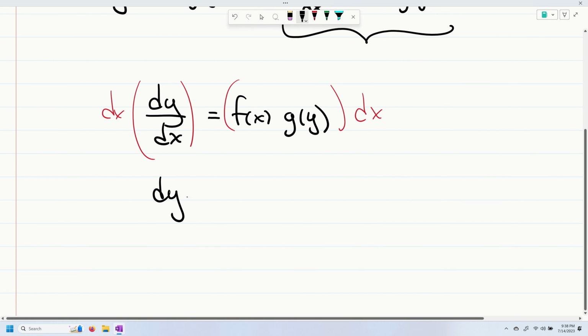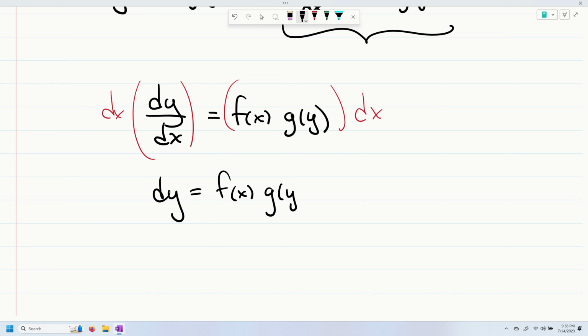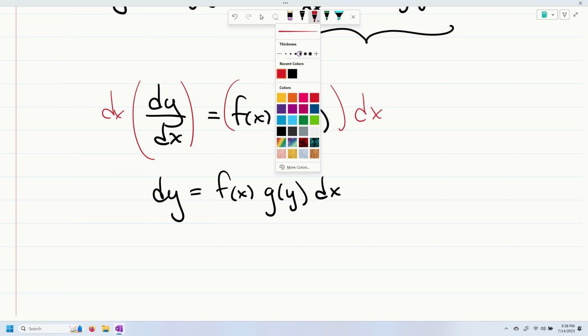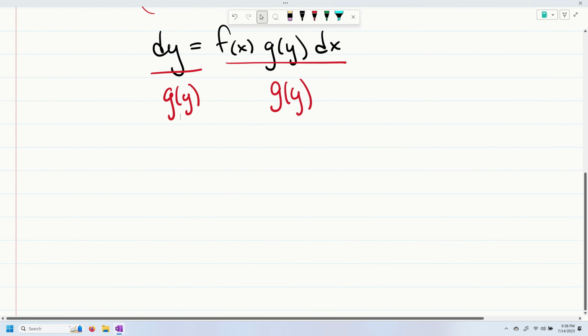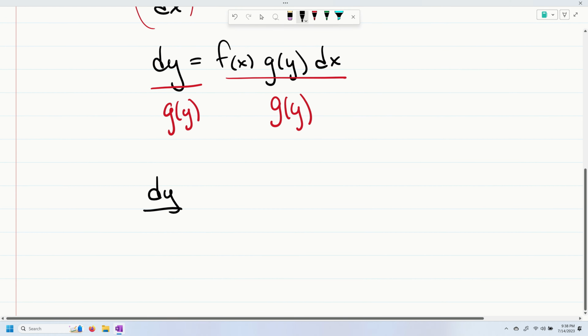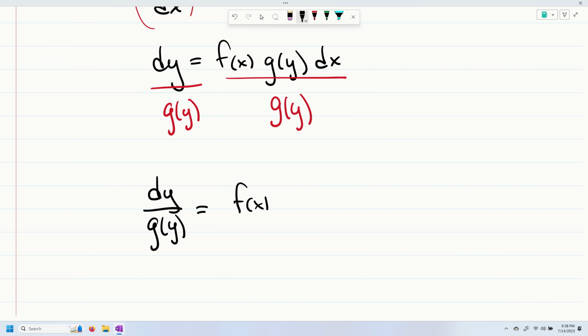That gives me dy equals f of x times g of y times dx. And then next, I'm going to divide both sides by g of y. That gives me dy over g of y equals f of x dx.